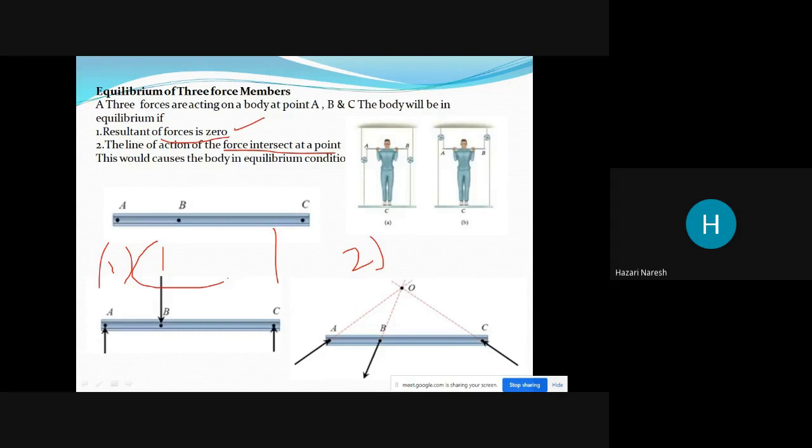Now this must be satisfied. For this condition, the lines of action of the forces intersect at a particular point. Now that point is here. From this point, one force is A, one force is C, which move in the upward direction, trying to lift the object upward, and they meet at a particular point, and there are some forces passing in a downward direction. So now this condition is satisfied.